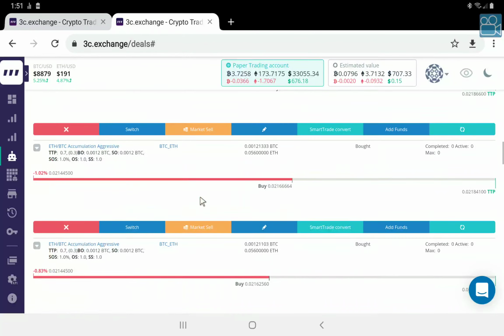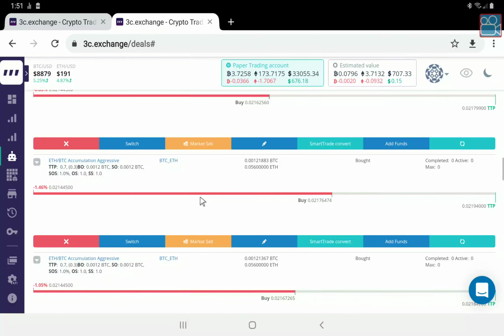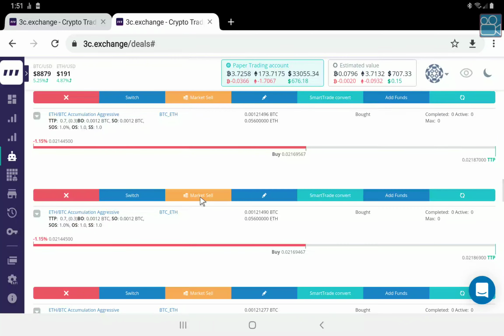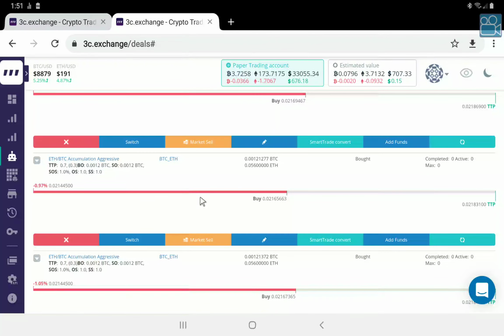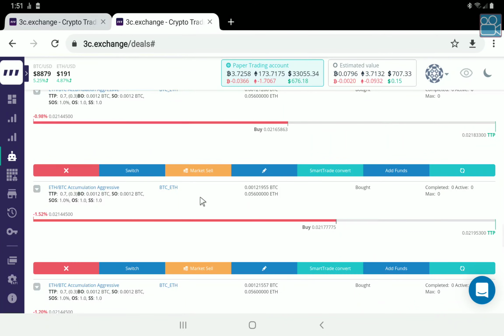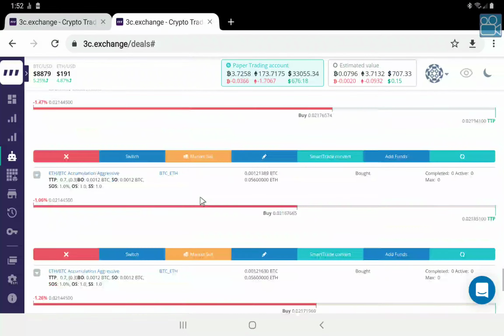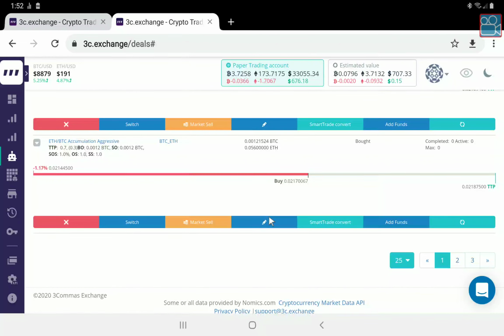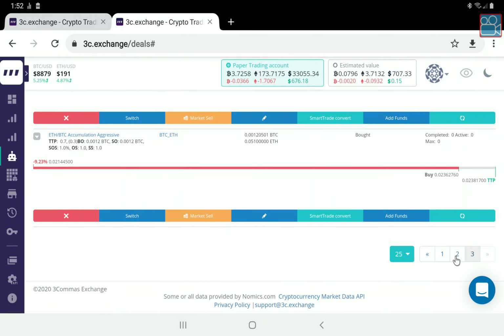Nothing too steep or overly out of control. Okay, let's get to the bottom of this. Starting to get a little bit out there, but let's go to the last page. Okay, take a look at these percentages.